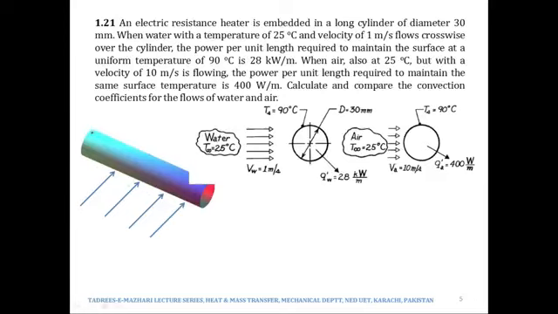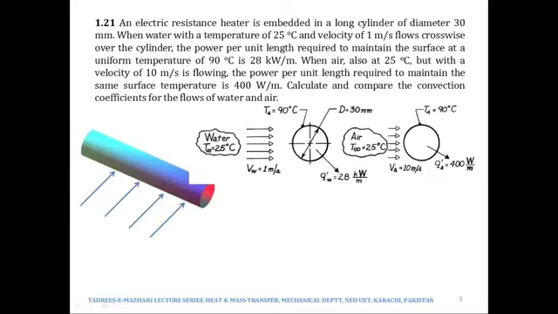Now there may be various reasons for having such an arrangement, because probably there is an oil or something else that might be flowing inside it, or it may be simply water which is flowing inside it, and we just want to heat that water so as to supply the heated water.